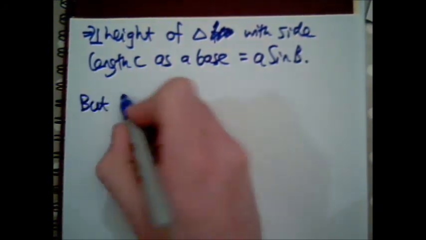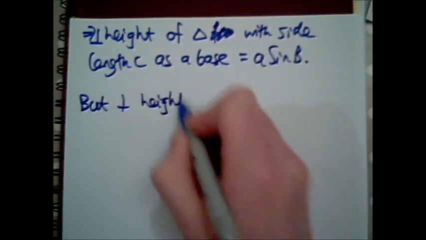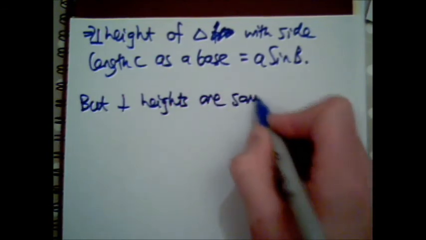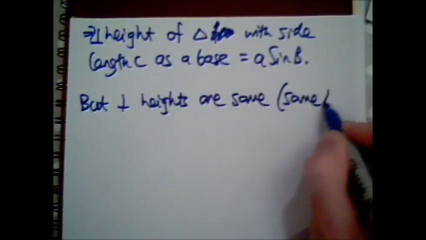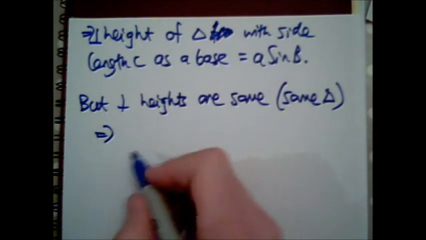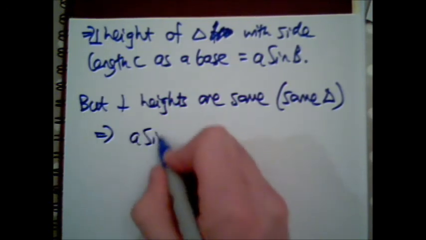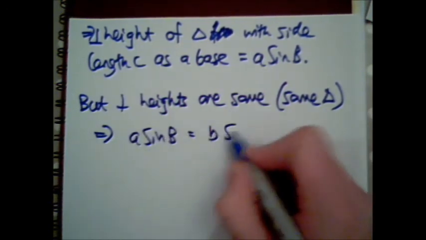And this is the one bit of maths: A sine B is equal to B sine A.